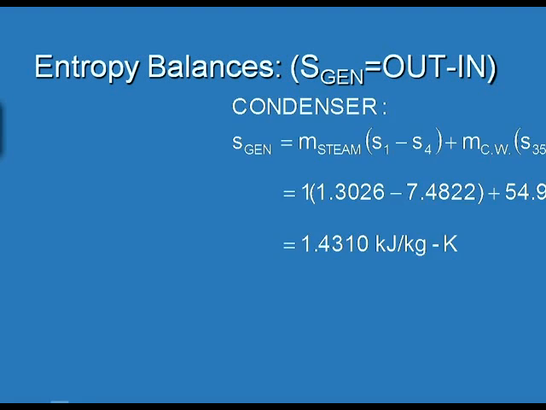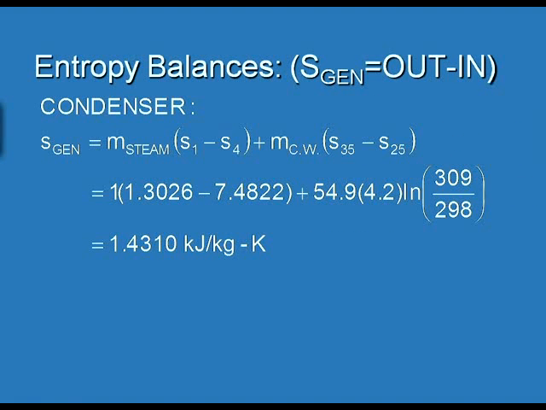Now we can do some entropy balances and calculate the irreversibilities around this unit. And this is nice to have an accounting of what happened to the potential that we had to produce power. We have that 70% Carnot efficiency and only 30% for our plant. So what happens to it?